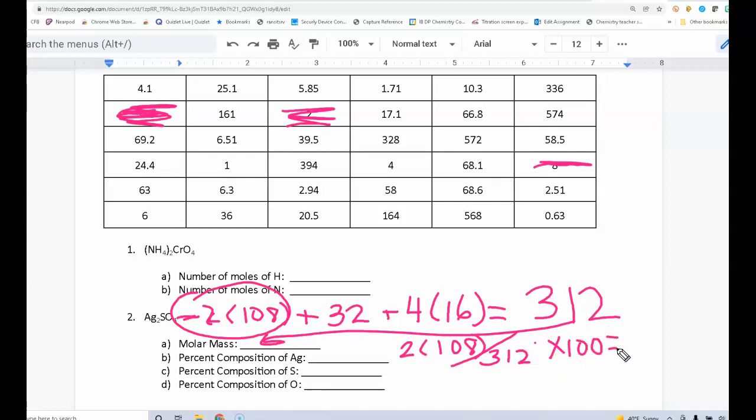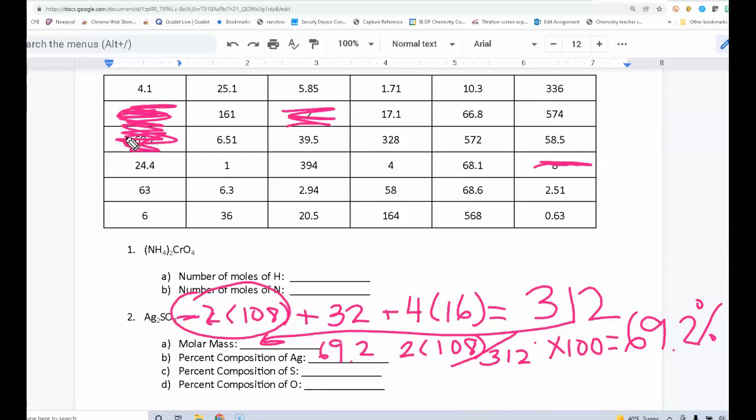So when I get that, I will have my percent composition of Ag. Okay, so when I do that, I come out with 69.2%. And that can be recorded right here for my percentage of Ag. And that means that I get to shade in this part right here.